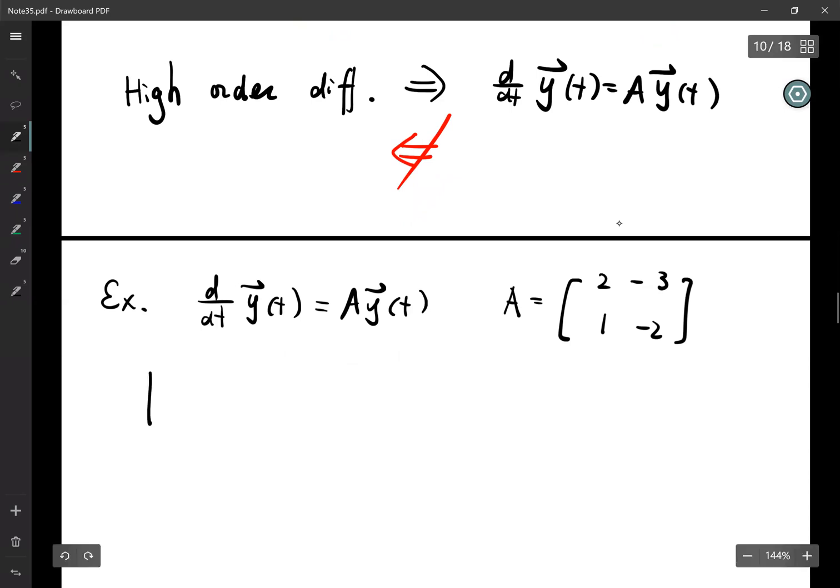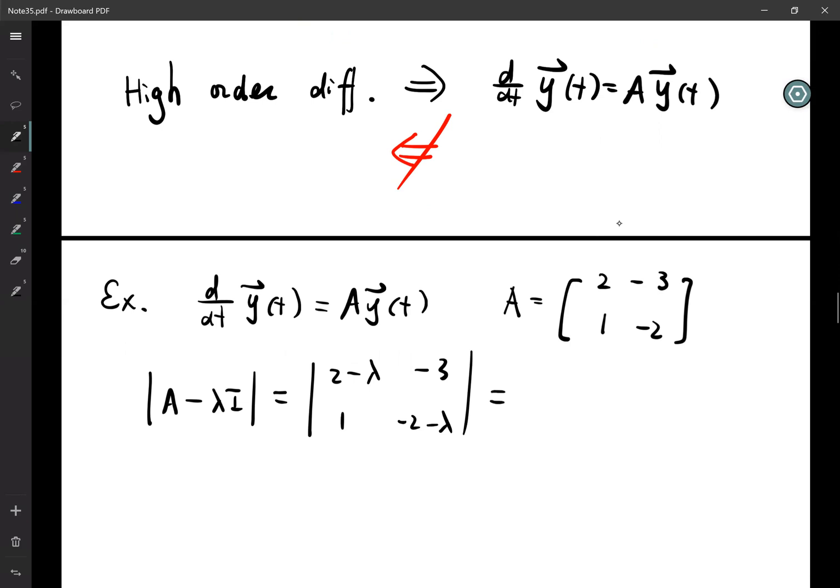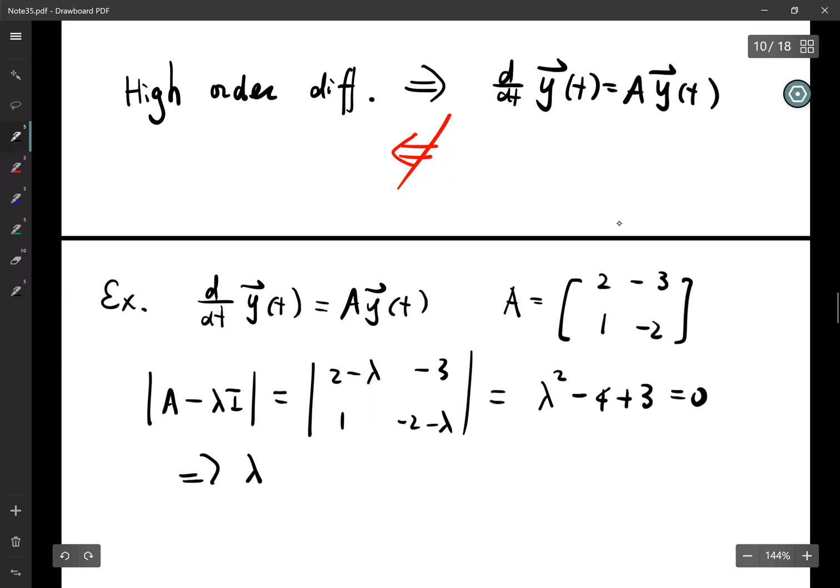So we first compute the determinant: 2 minus lambda, minus 3, 1, minus 2 minus lambda, and this is lambda squared minus 4 plus 3 equals 0, and therefore this is again lambda equals plus minus 1.